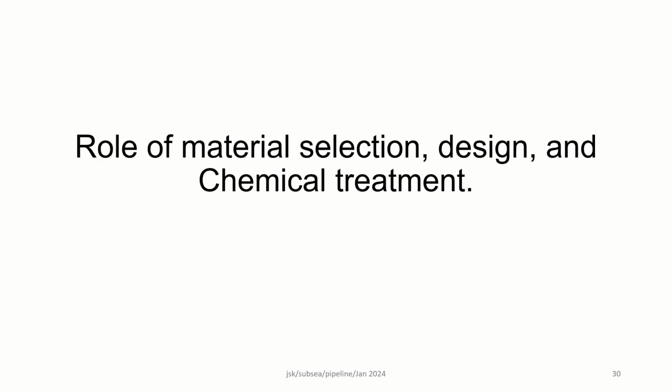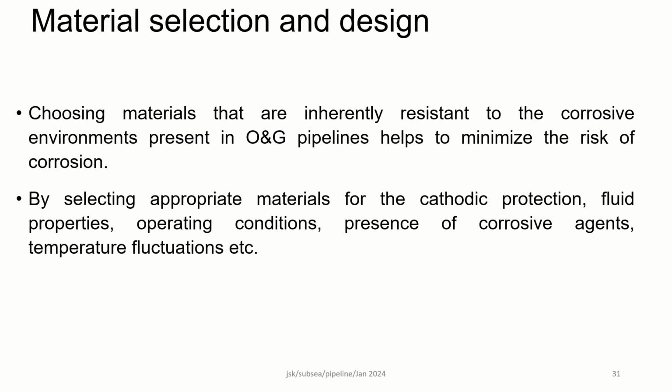Again, similar to any other industry, material selection and prevention by other techniques is to be taken care of. Choosing materials that are inherently resistant to the corrosive environments present in oil and gas pipelines helps to minimize the risk.